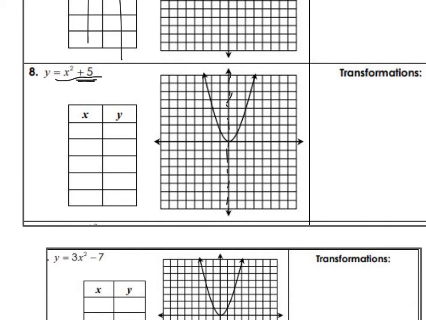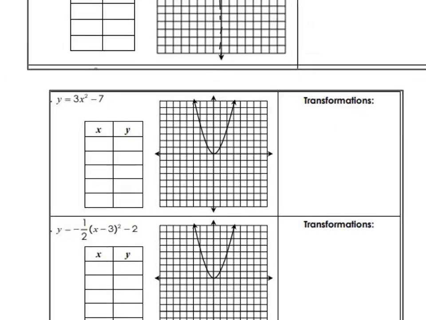However, my y-coordinate is 5 now instead of 0. So my vertex went here. So it shifted up 5 units. Okay, it didn't go left or right. It just shifted up 5 units.